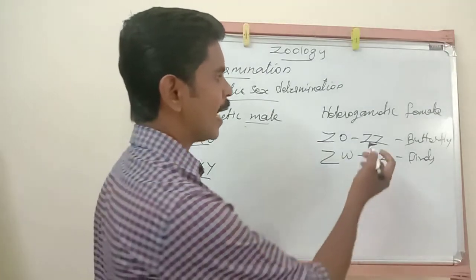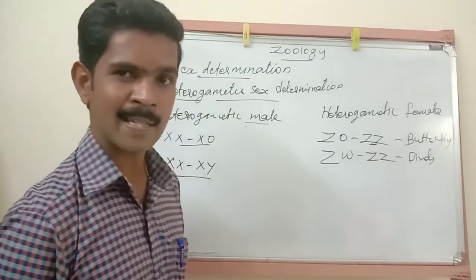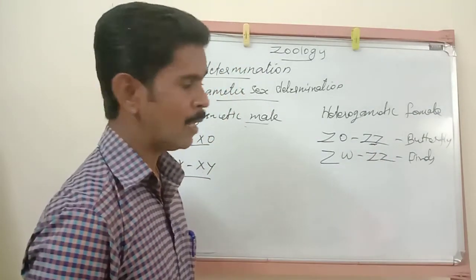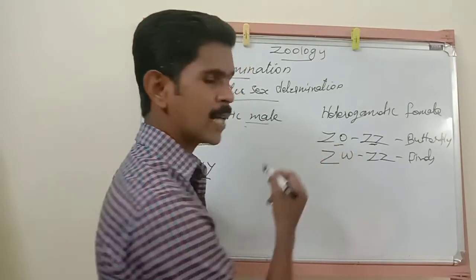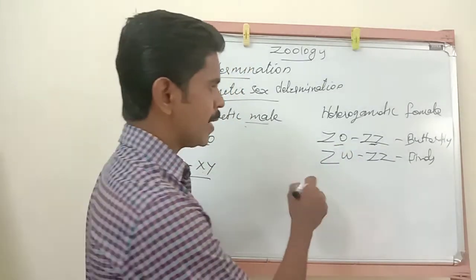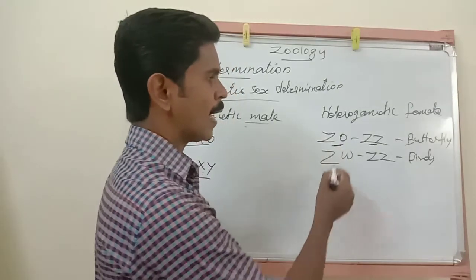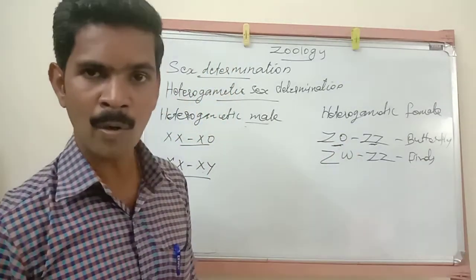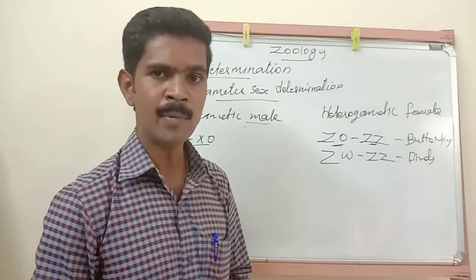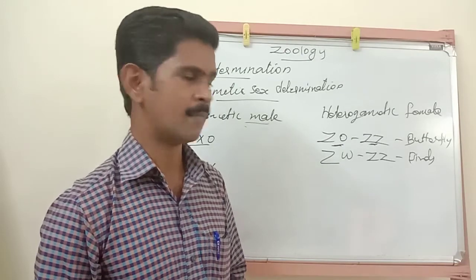That sperm carries what chromosome? Z chromosome. But the female produces two types of eggs. In some eggs, a Z chromosome is there, and in some eggs there is an absence of Z chromosome. So listen very carefully.